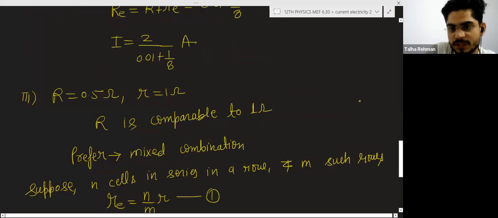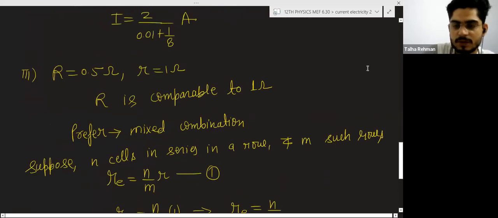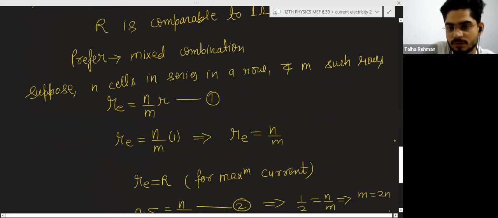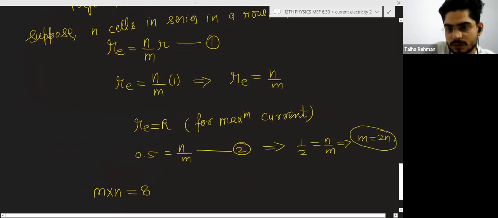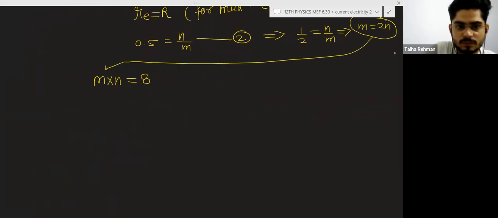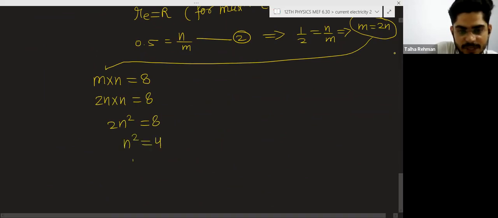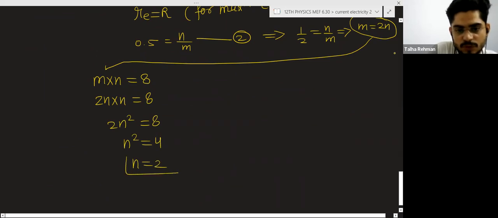So just put this m is equal to 2n here. When you put it here, 2n into n is equal to 8. This is equal to 2n square is equal to 8. So this will become n square is equal to 4, and you will get n is equal to 2.